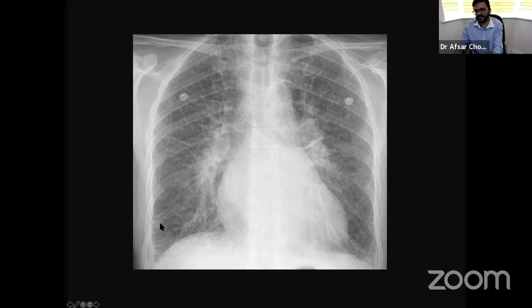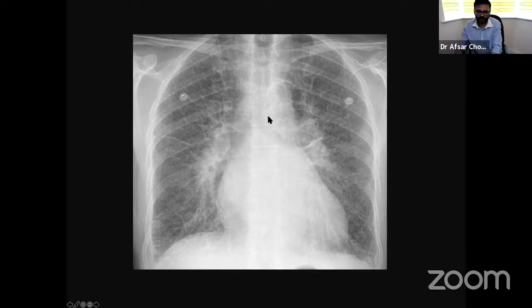That is a sign of interstitial edema. It can happen in other cases where you can have interstitial thickening, sometimes even lymphangitis carcinomatosis. But in a patient presenting with a pulmonary edema picture, this helps you tell that the patient has interstitial pulmonary edema.